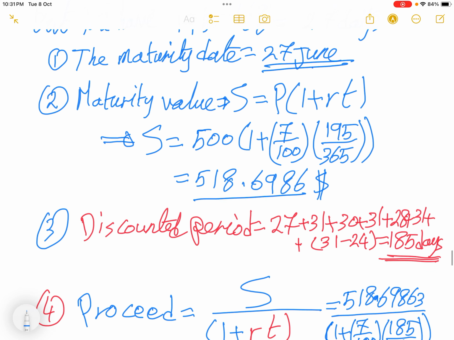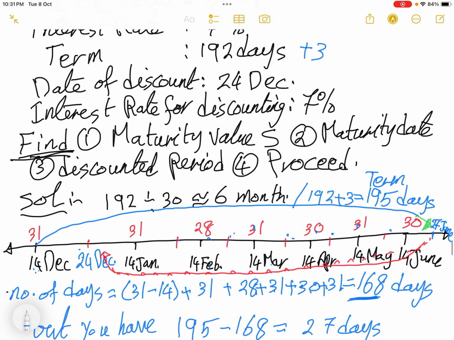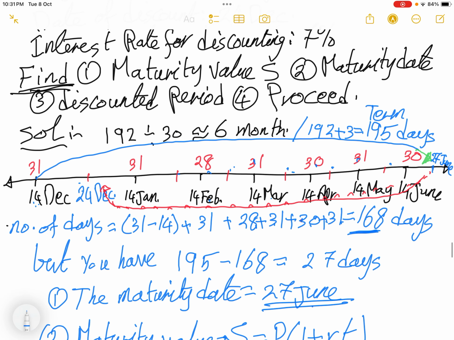Discounted period. The date of discount is the 24 of December. Then you will return back from 27 of June till 24 December.